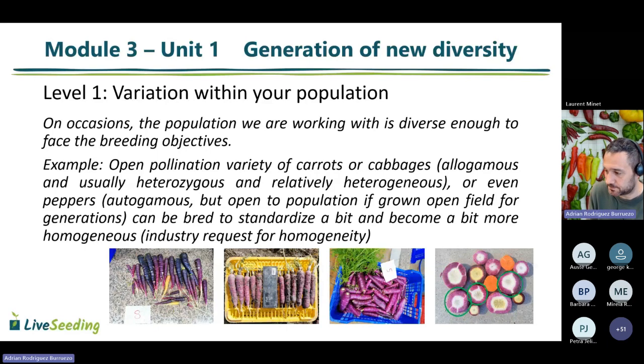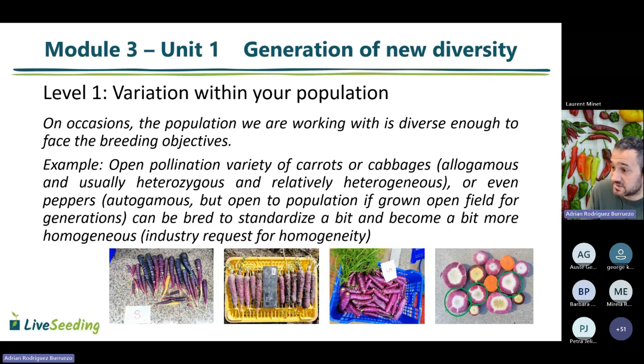As an example, carrots followed in my research group to recover, breed, improve, and valorize an ecotype, an open pollination population variety of purple carrots in southern Valencia, in the city of Villena.